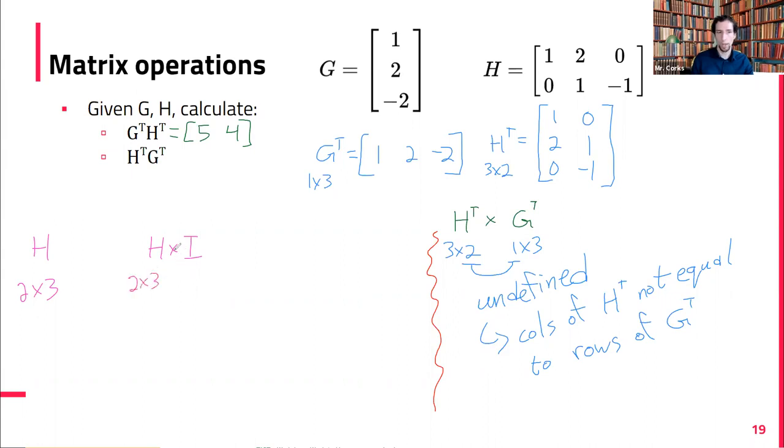So if we're going to do H times I, in this case, I must be a 3 by 3 matrix because the inside numbers need to match. If I'm going to do I times H, what dimensions must I be? 2 by 2. 2 by 2 here, because the inside numbers need to match. So that's kind of a weird thing.